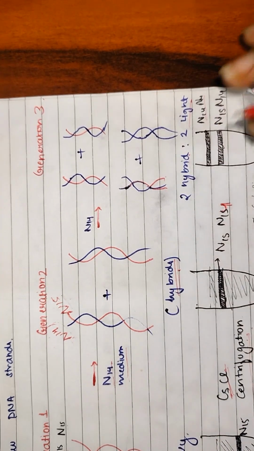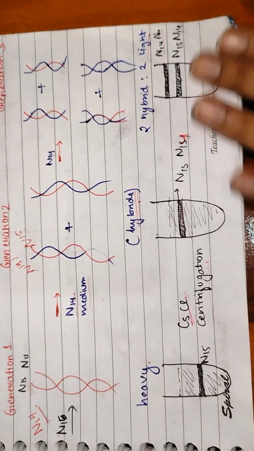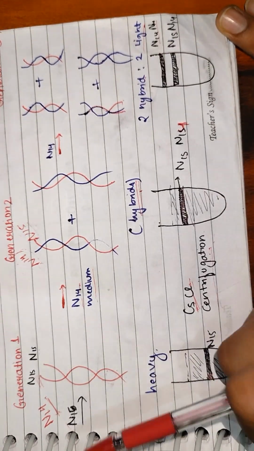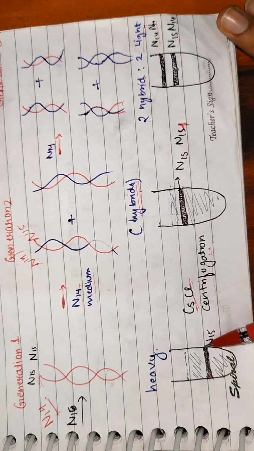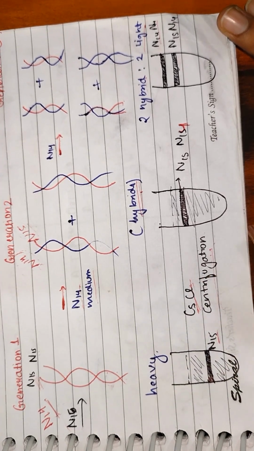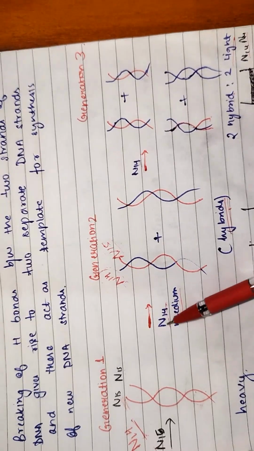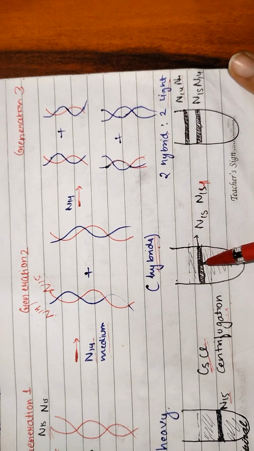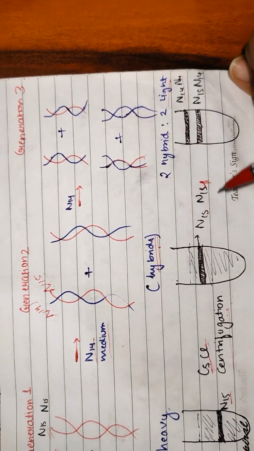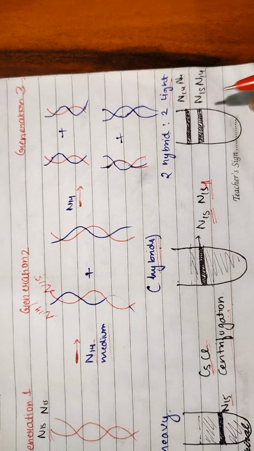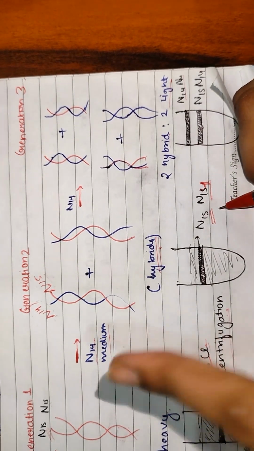They found that after several generations in N15 medium, the DNA gets labeled with N15 and the band is formed at the bottom of the cesium chloride. After one generation of growing in N14 medium, the band was observed in the middle. It shows that the nitrogen is N15 and N14, meaning that a hybrid is formed after one generation.